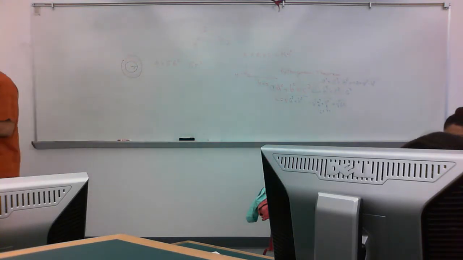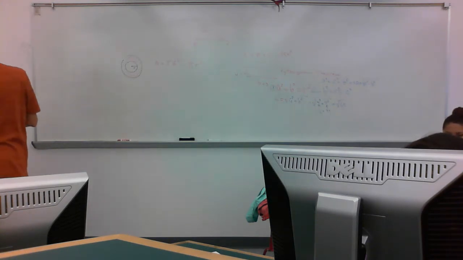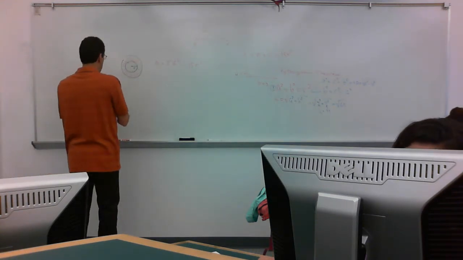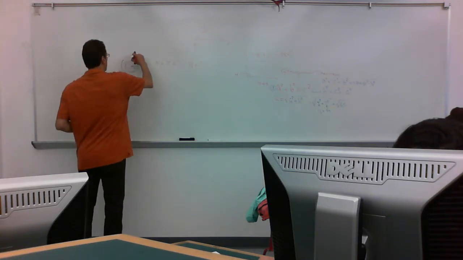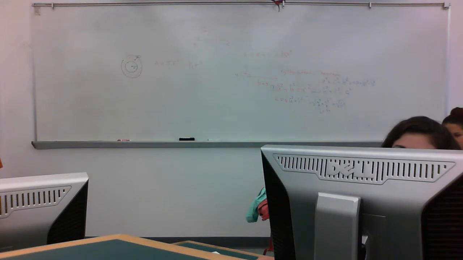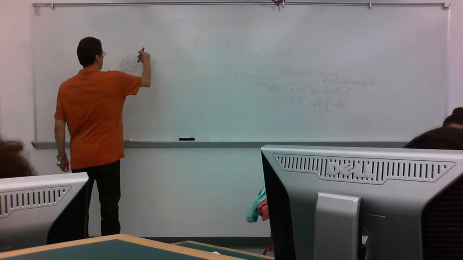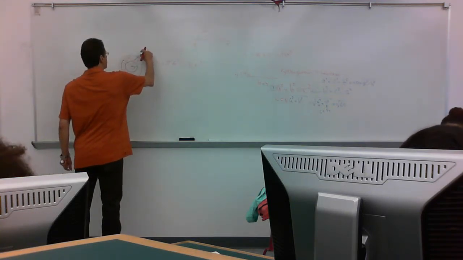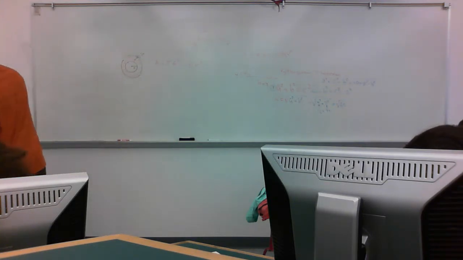Now in this case, the larger one has a radius, I believe, of 20, and I don't know if the units are given here, but we just make it up. Let's say 20 inches. And the radius for the smaller one is 8.